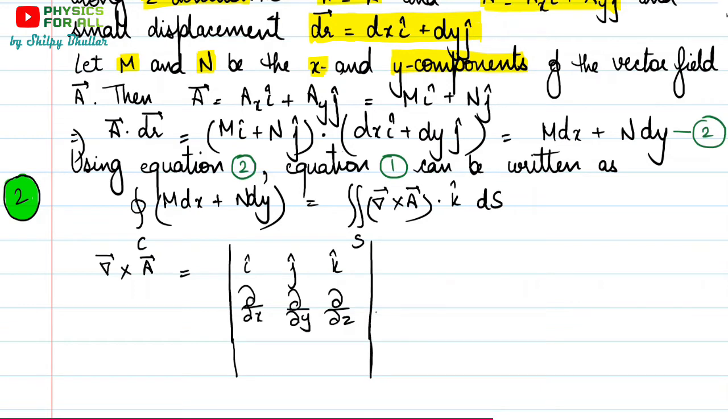Even if we are talking of a plane, for the determinant we will mention all three directions, and then we can put the component of the third direction as 0. So here this A has an x component, which is M. It has a y component, which is N, but it has no z component, since we are talking of the vector function over the plane. That's why this z component is 0.